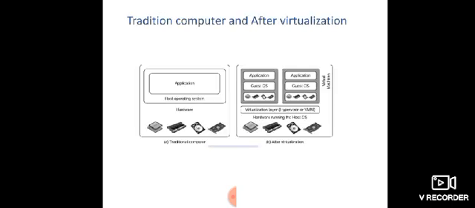So in the traditional computer, we have all the resources, that is the hardware, and we have the host operating system, and we have the application. The application is dependent on the host operating system, and that is dependent on the resources available for that particular system. When we go for virtualization, we have a virtualization layer called the hypervisor or VM.